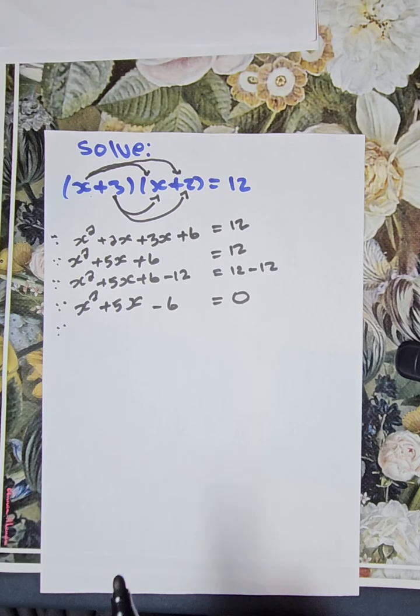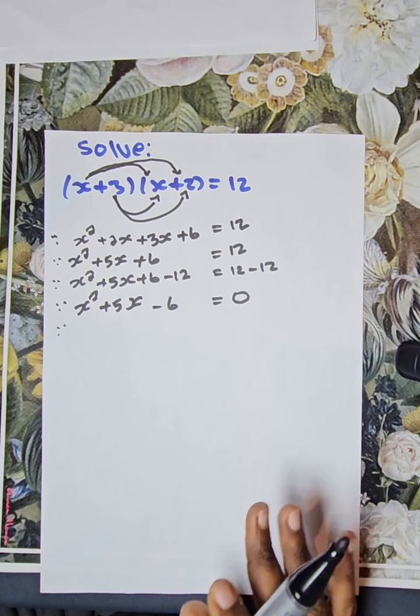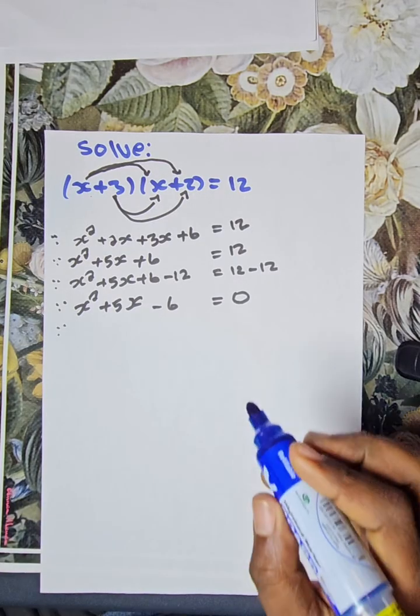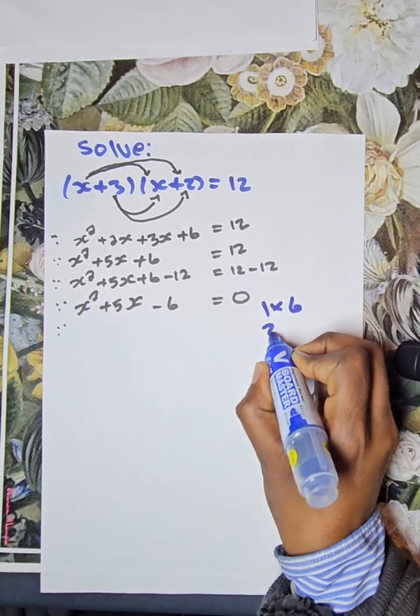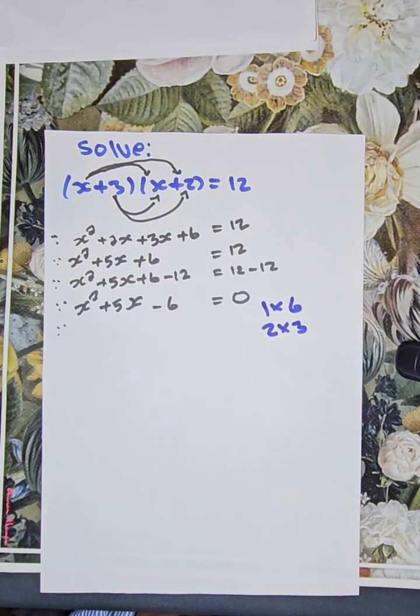Now, let's check our constant term, which is minus 6. Now, we have to find factor pairs of 6. Factor pairs of 6 are 1 times 6, also 2 times 3 if we use only natural numbers.